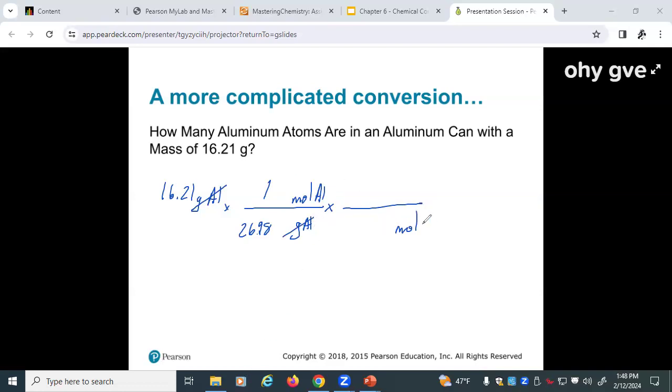Now in my other step, I need to turn the moles of aluminum into aluminum atoms. And here, since we're talking about atoms, now we know that we need to use Avogadro's number, 6.022 times 10 to the 23rd in 1 mole.